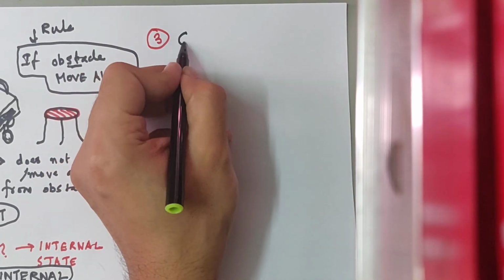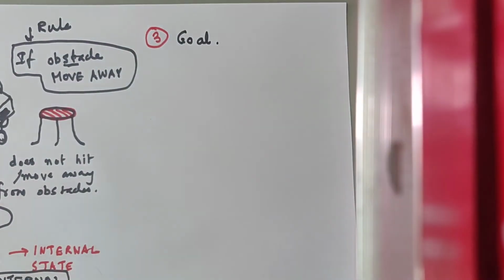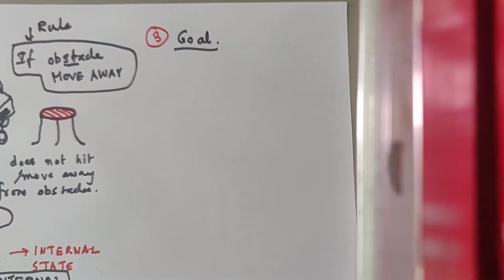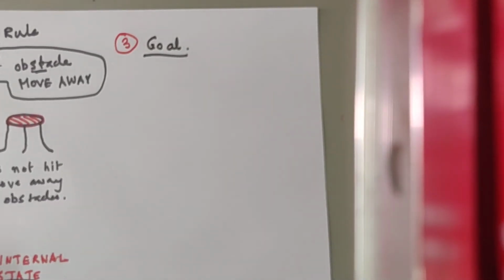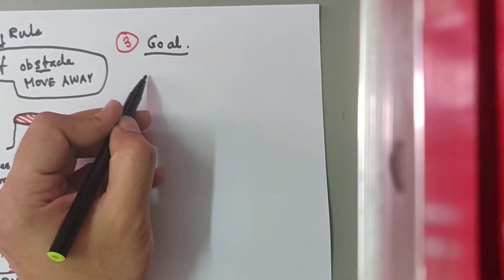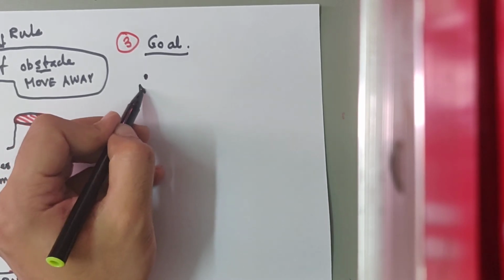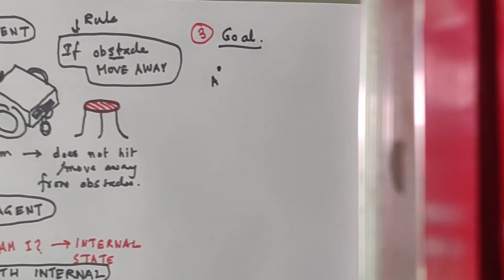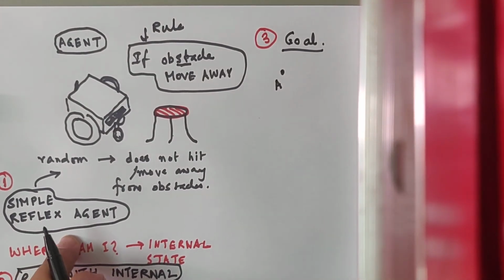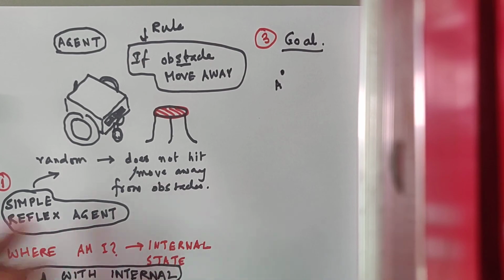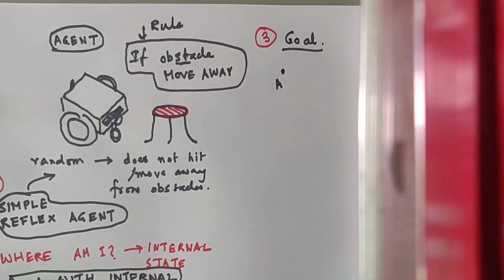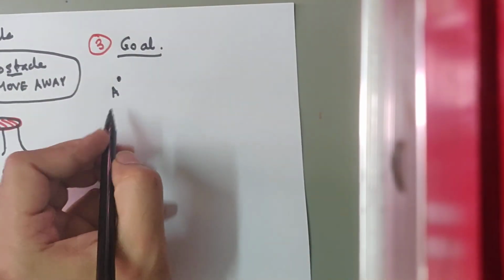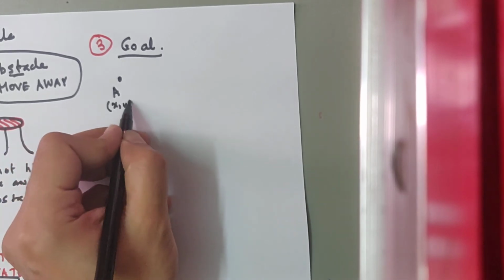We give it a goal that don't just wander about in the room. Your goal is you are at point A, mind it. At the simple reflex agent stage, I could not have said that you are at point A, because point A is now an internal state. Point A means a coordinate I have, some xy coordinate.